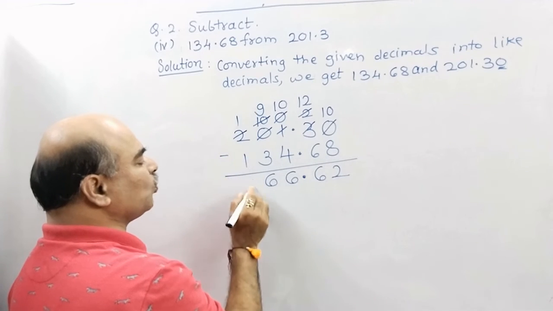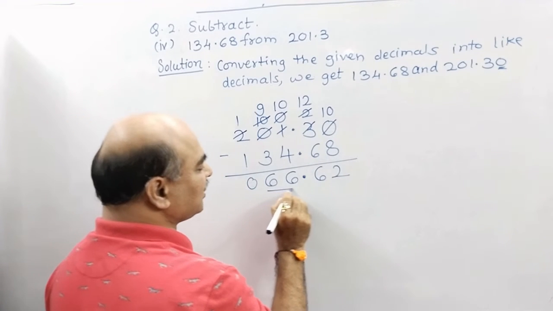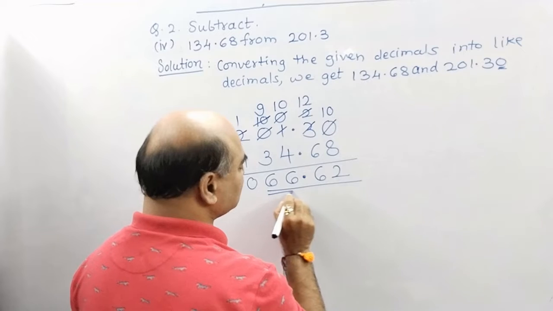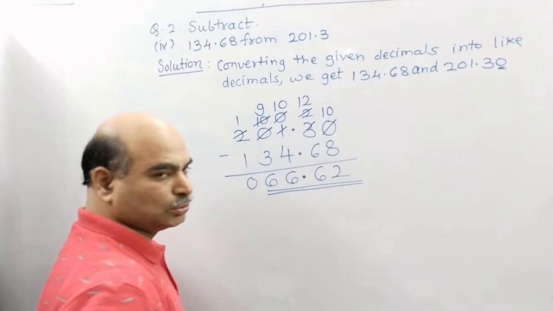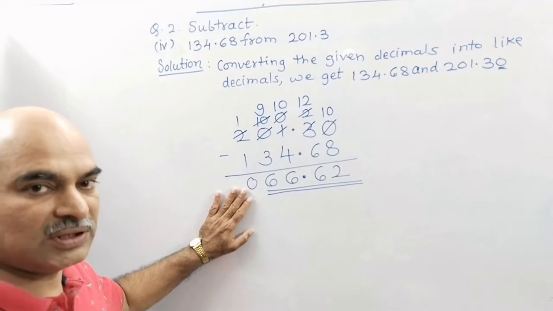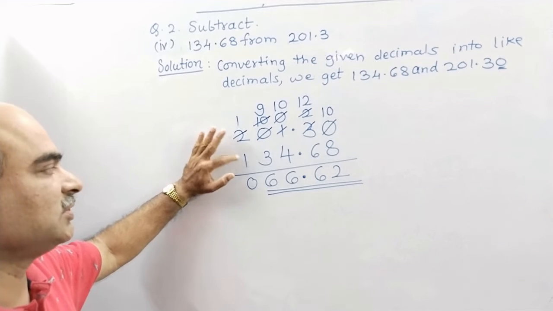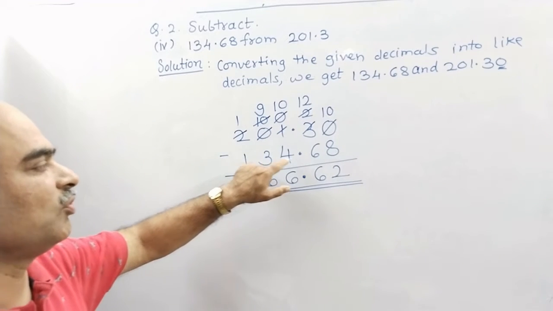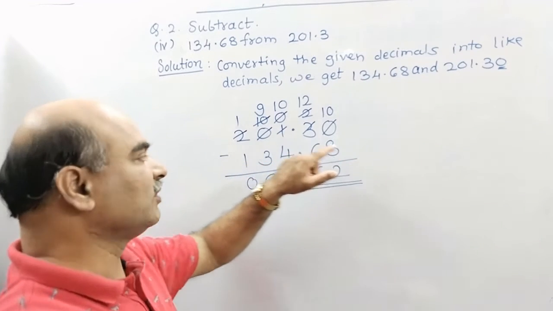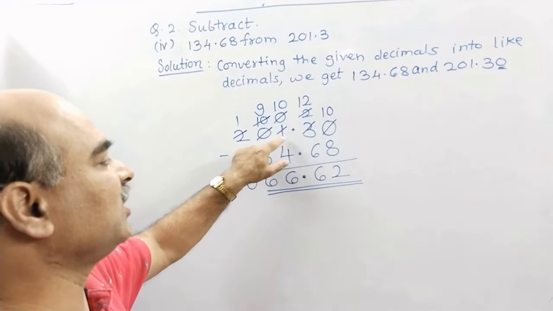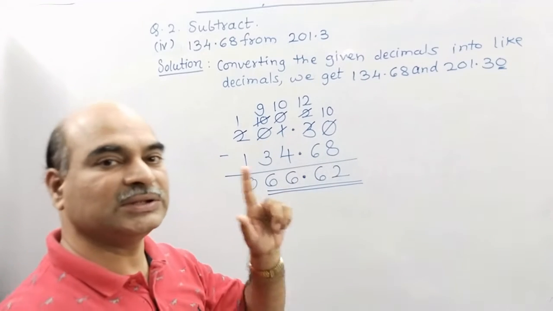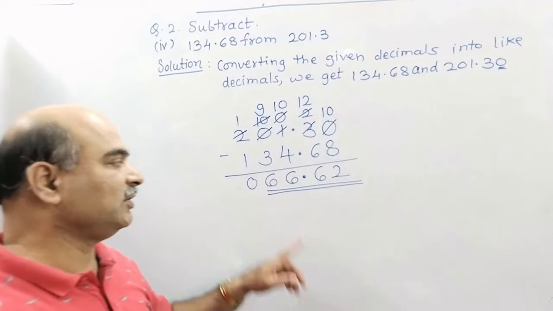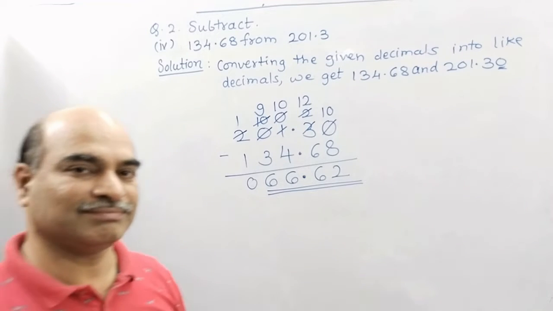And 1 minus 1, we get 0. So this is our final answer. 66.62 is the answer of this subtraction. We subtract 134.68 from the decimal 201.3, meaning 201.30. I hope that you got this answer properly.